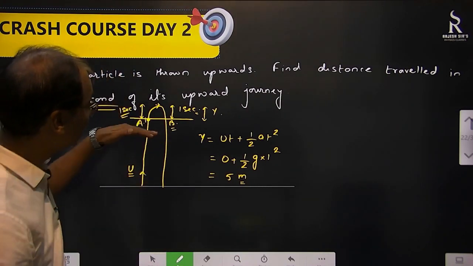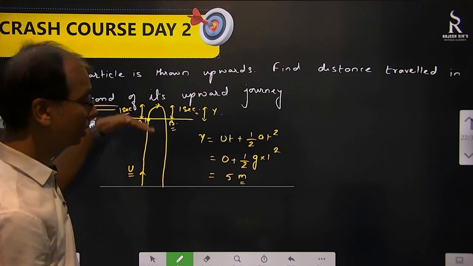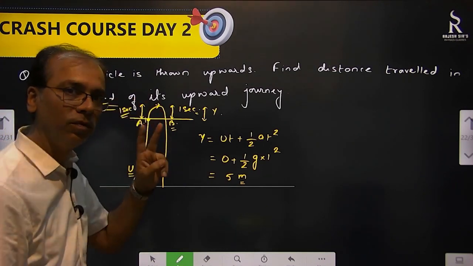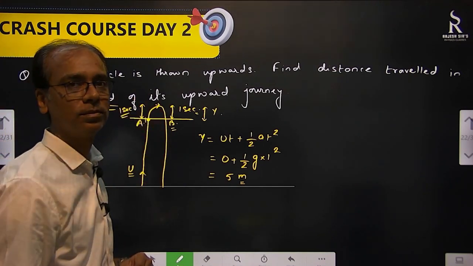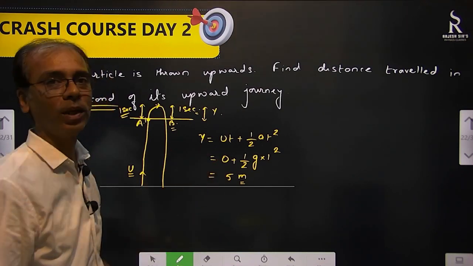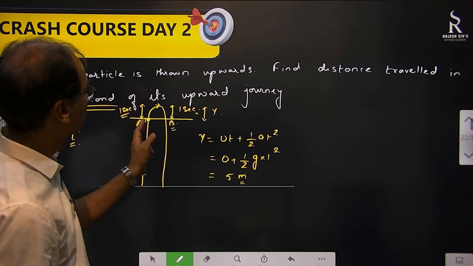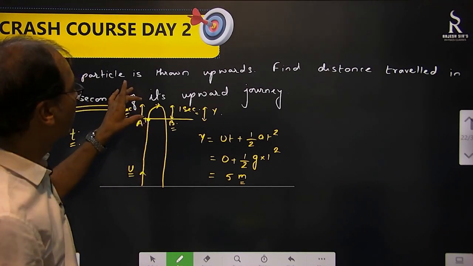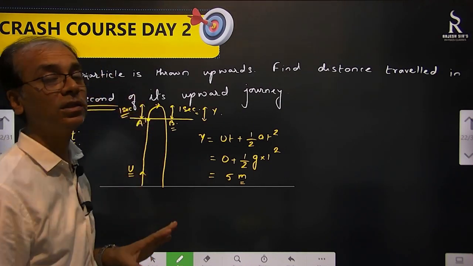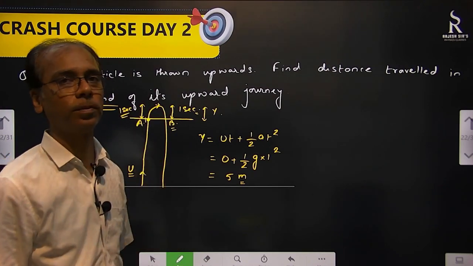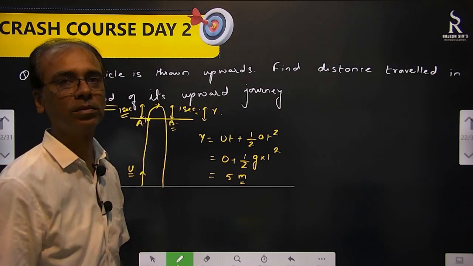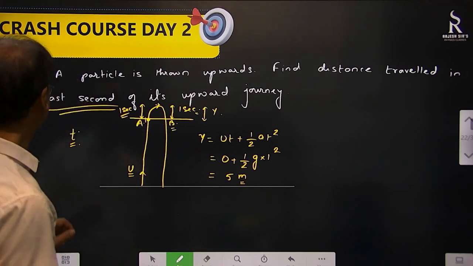If you ask for the last 2 seconds in the upward journey, take the first 2 seconds in the downward journey. Easiest way. Understood that? So whatever distance it travels in the last second of the upward journey, the same distance it travels in the first second of the downward journey. This is how we do it. Alright? Okay.